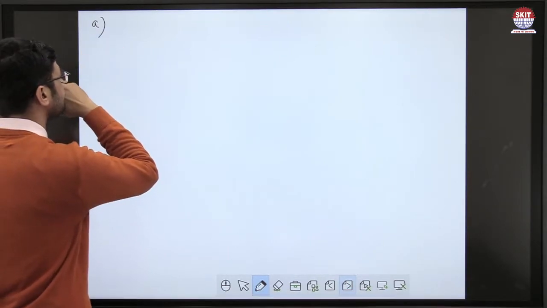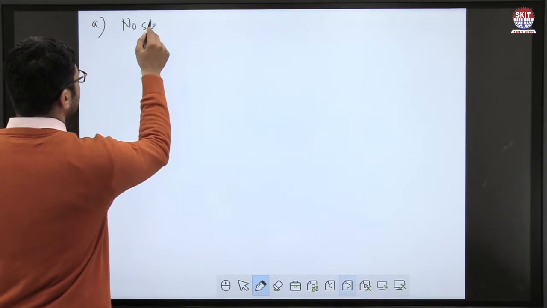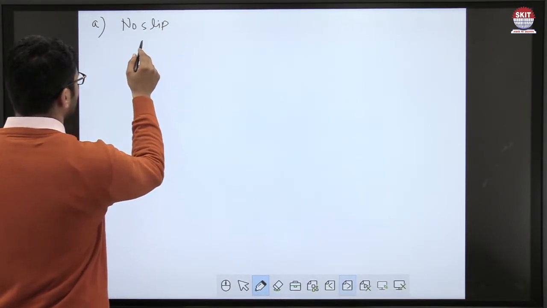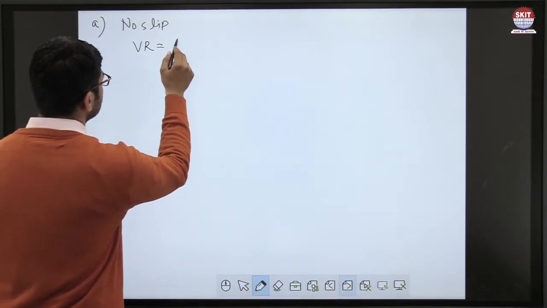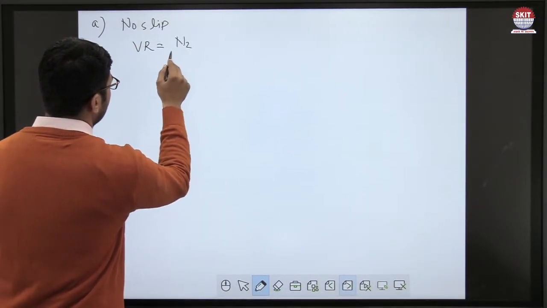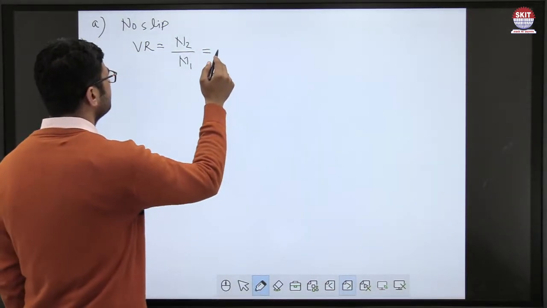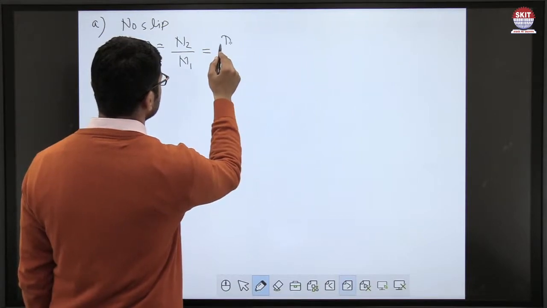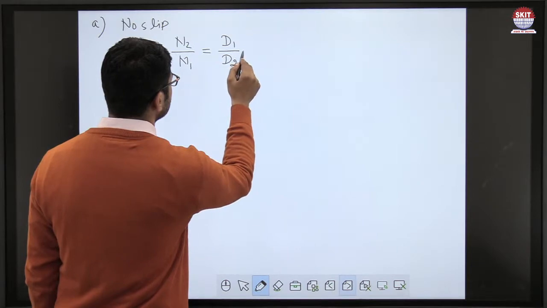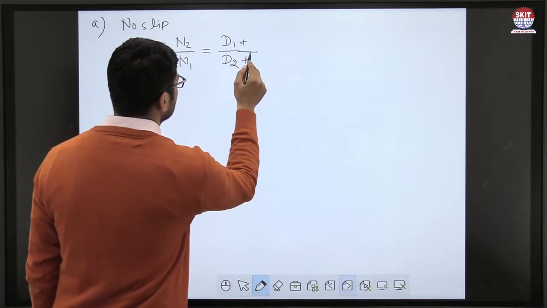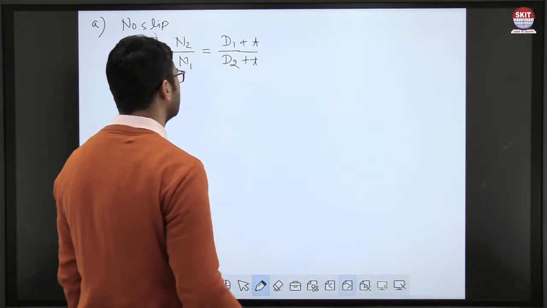Case A, no slip. The formula of velocity ratio is equal to N2 upon N1 equal to D1 upon D2, plus t, because the thickness of the belt is given.